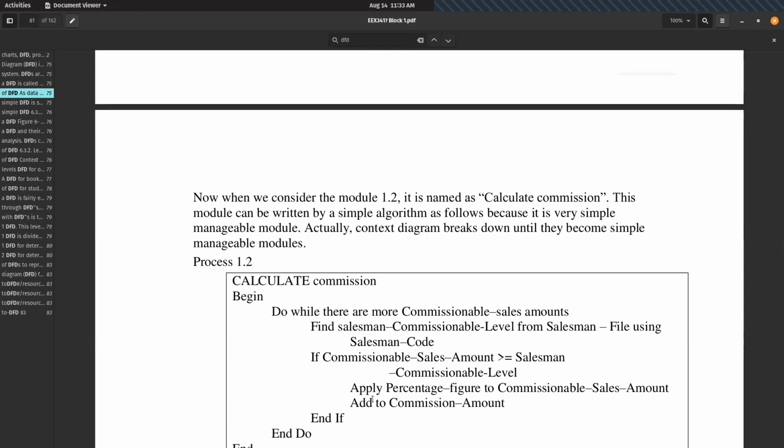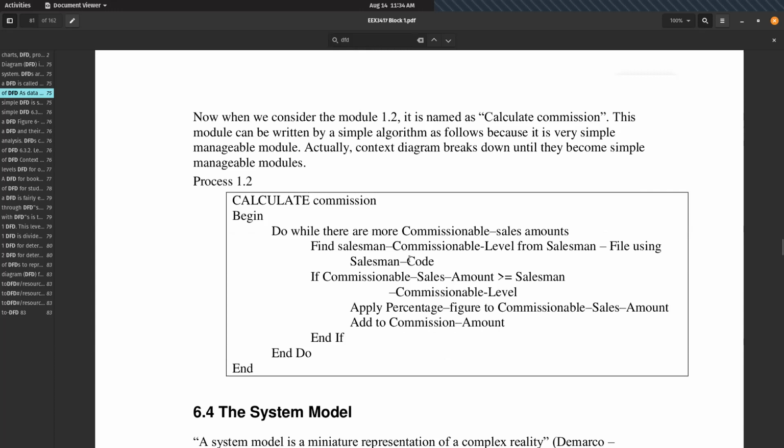When you draw up to 7, the processes become manageable components, because it is very easy to manage simple modules. Those are called modules, such as calculate commission. These modules you can implement as software program pieces.